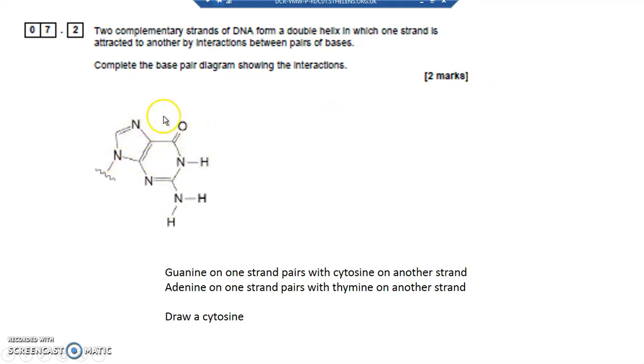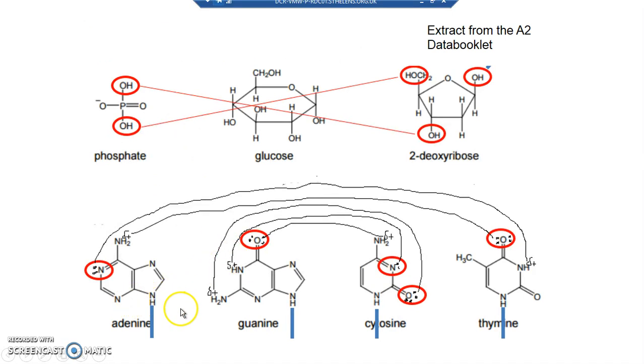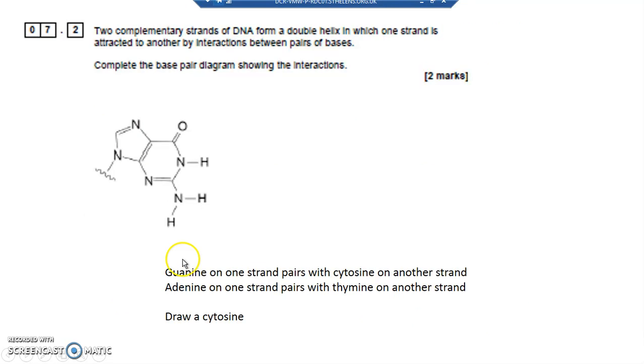It says, how does this complementary strand in a helix, complete the base pair diagrams showing the interactions? So let's try and identify this first of all. I've got an NH2, an NH and an O, there it is, NH2, NH and an O. This is guanine.